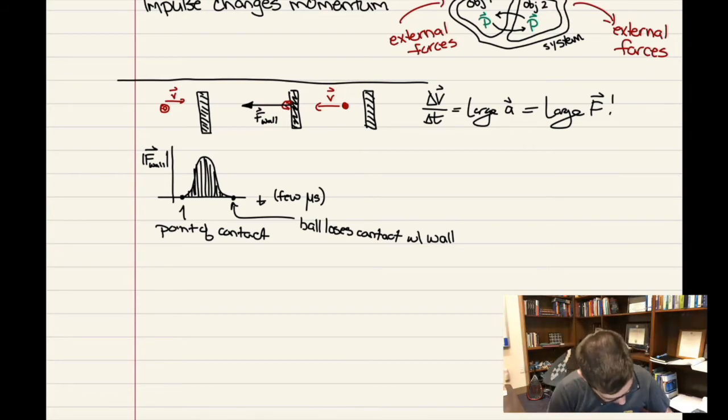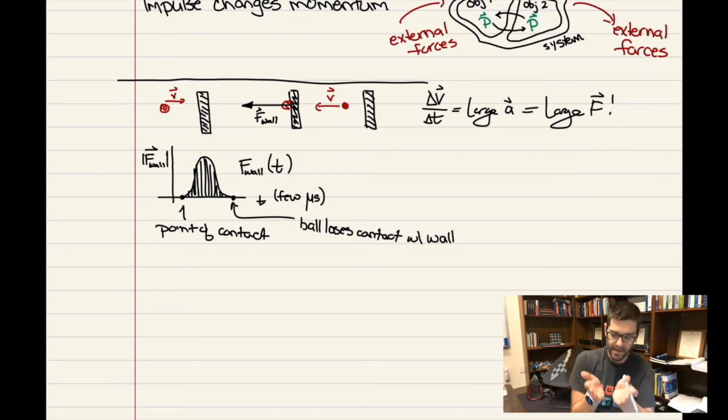Right, this would be the wall force, but now it's a function of time. The ball is in contact with the wall for a given amount of time. At every instantaneous moment in time, there's a force pushing back on the ball. But the total amount of force that the ball is being pushed on with is constantly changing.